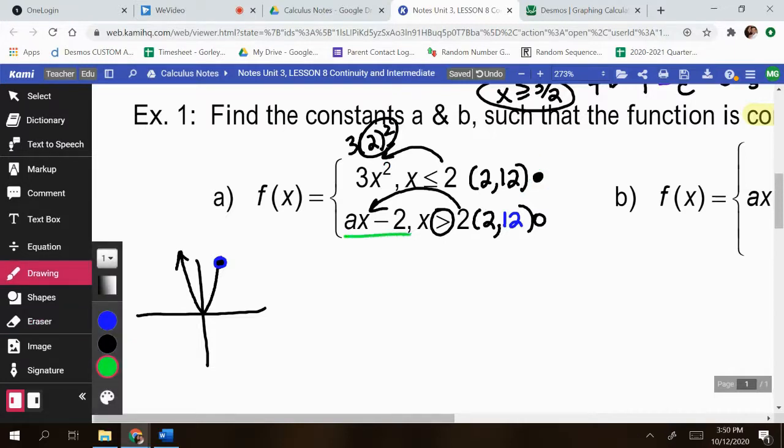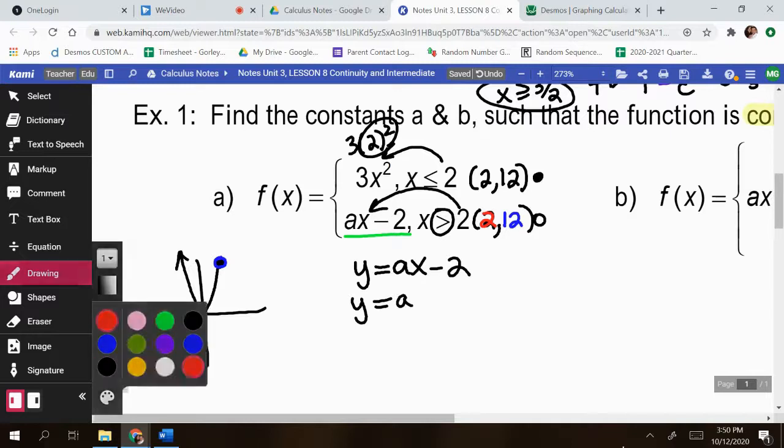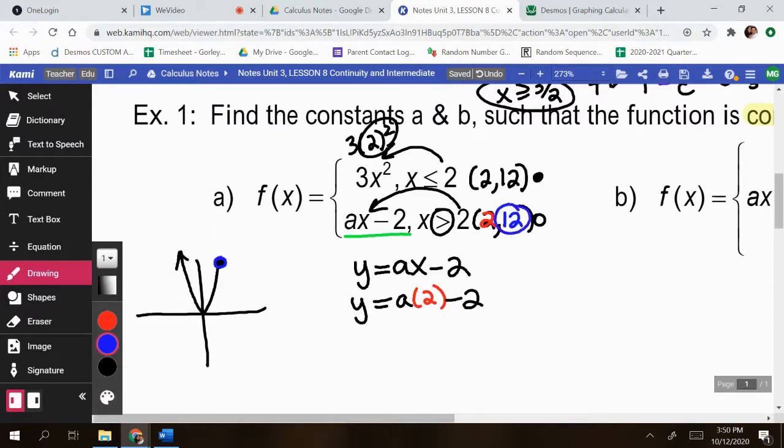So in other words, if I've got this function y equals ax minus 2, when I plug in 2 for x, it looks like this: y equals a times 2 minus 2. What do we want y to be? Well, we want y to be 12. So I'm going to plug in 12 for y.